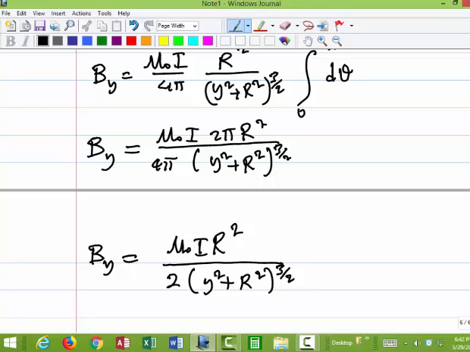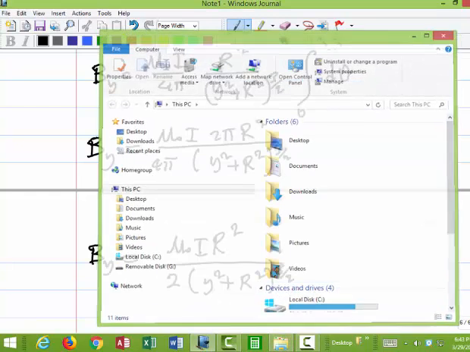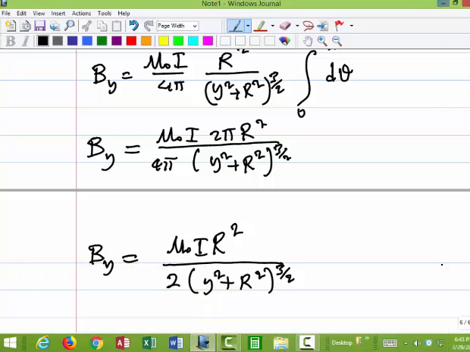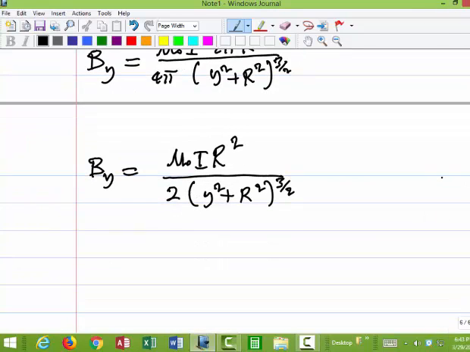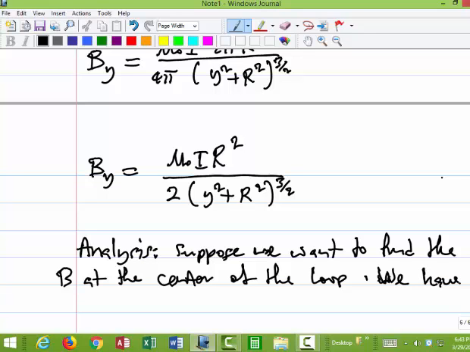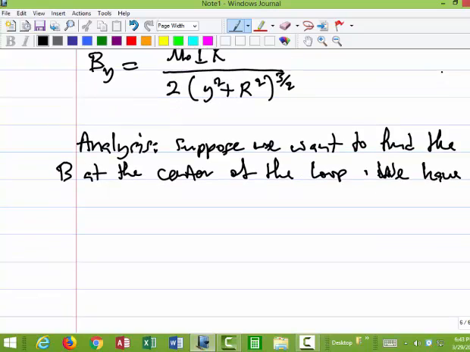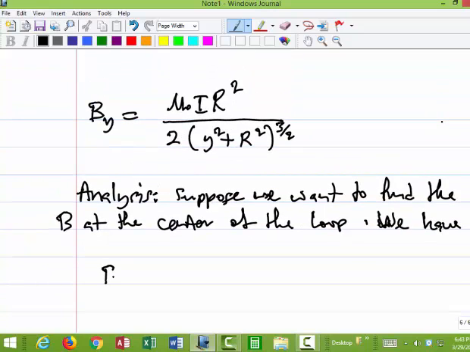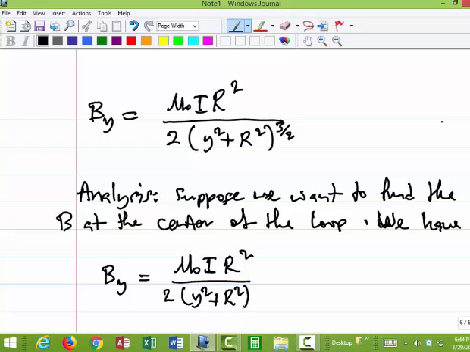So we can analyze this a little bit to see what happens. Say, for example, if you wanted to find a magnetic field at the center of a loop. So let's do some analysis. If we want to find the magnetic field at the center of the loop, we know the magnetic field along the axis of the loop is given by mu naught I R squared divided by 2, and then we have y squared plus R squared raised to the power 3 over 2.